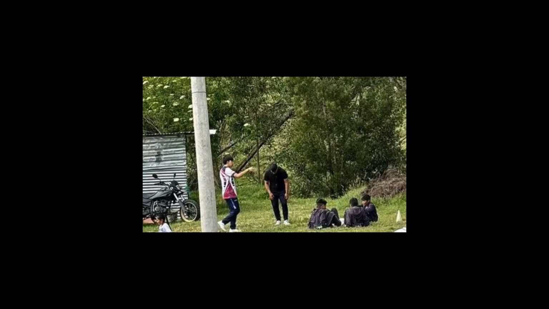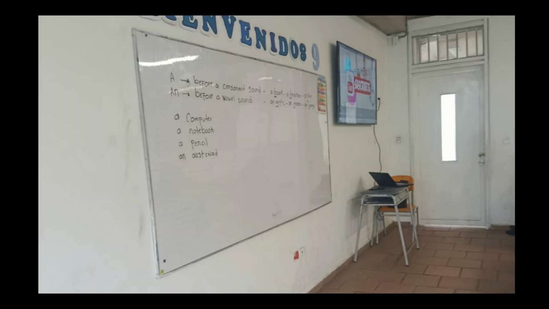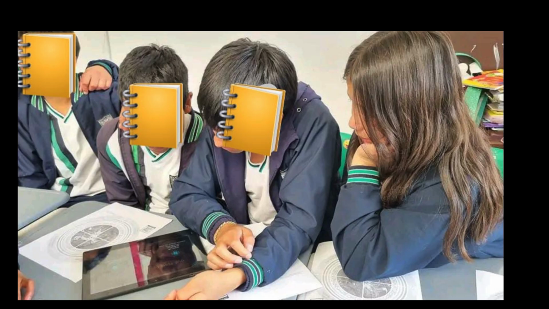In class, a problem-based learning approach was implemented. Students were presented with a real-life situation: identify and describe objects from your real environment. First, the lesson starts with a warm-up activity called Guess the Object, where students answer questions like what is this or what is that.